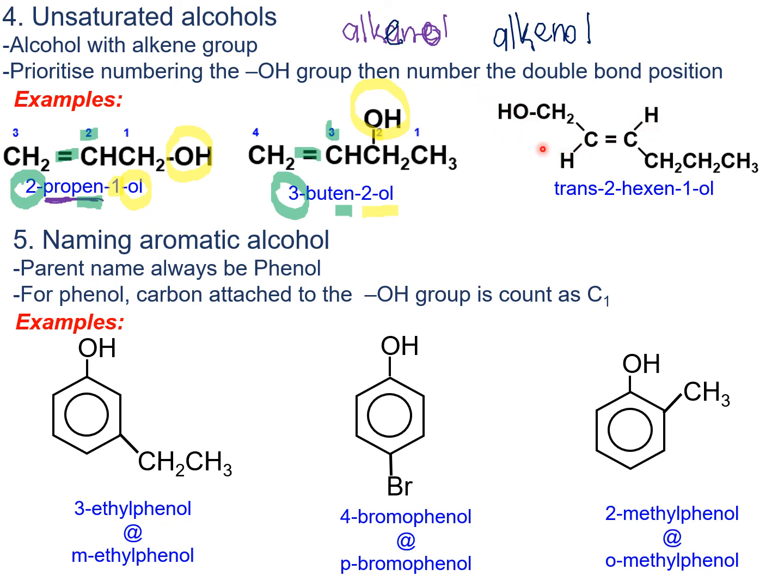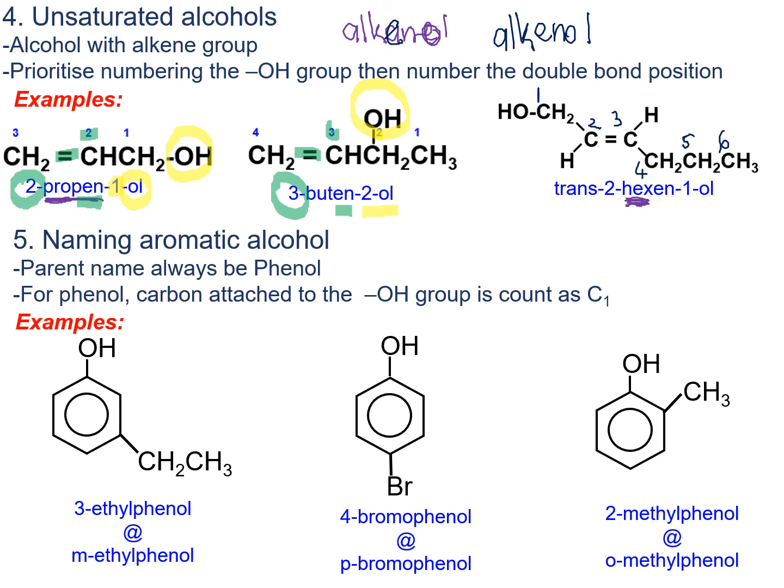Okay, so whatever it is, bila you nak numberkan the carbon, you need to numberkan the one yang terdekat dengan OH. Therefore, this will be carbon number 1, carbon number 2, 3, 4, 5, 6. So, carbon number 1 ada OH, and since that dia ada 6 carbon, kalau 6 carbon, hex. Okay, and then since ada double bond, jadi hexene.